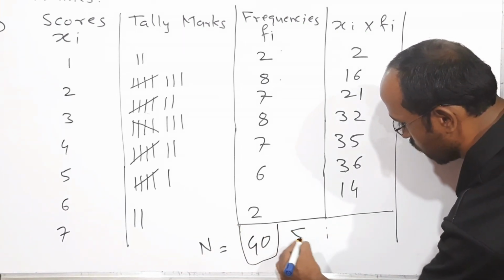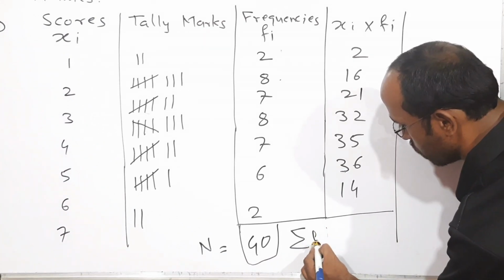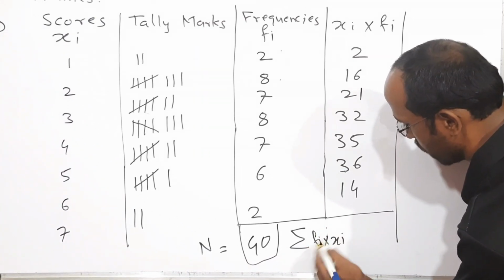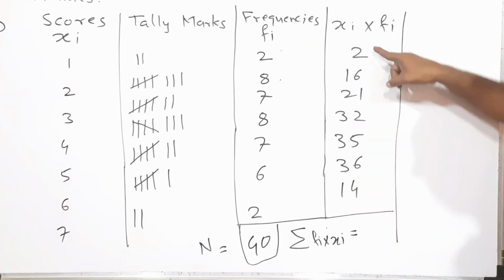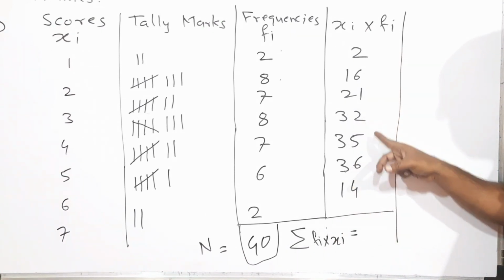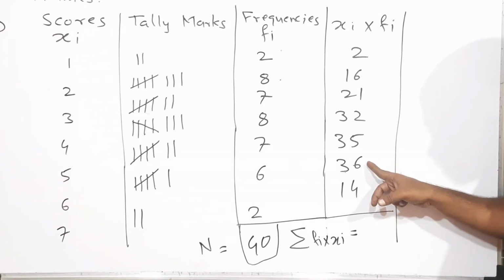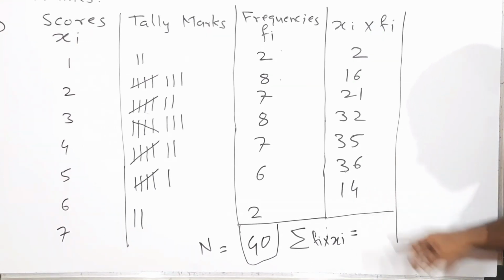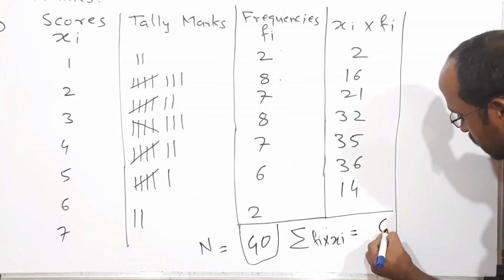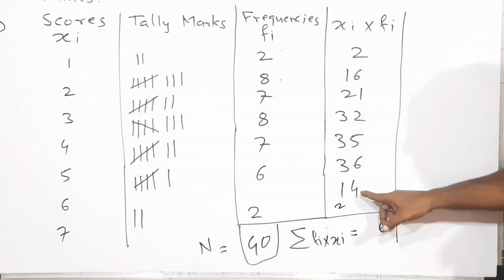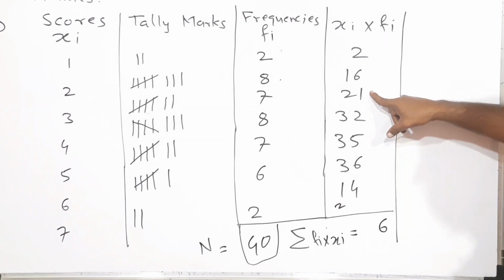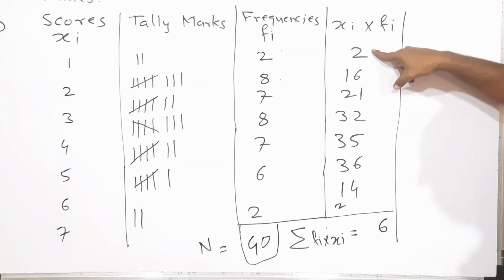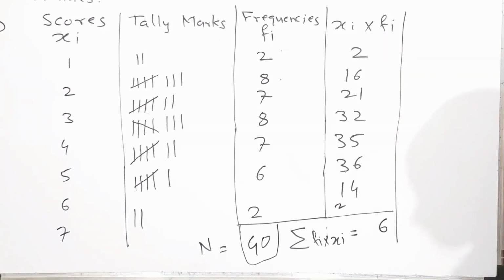What is this addition called? Summation of frequency into score, fi into xi or xi into fi, that is equal to 2 plus 6, 8, plus 1, 9, plus 2, 11, plus 11, 22, plus 4, 26. 2 will be carried. 4 plus 6, 10, 5 plus 2, 7, plus 1, 8, plus 8, 8 plus 8, 16, plus 10, 26.